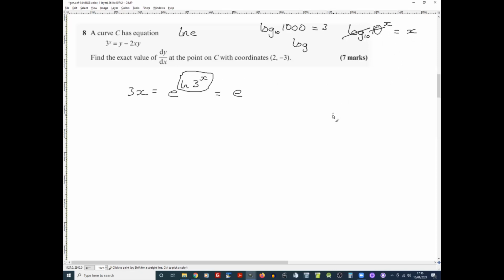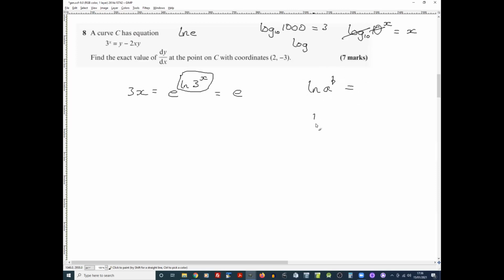Different rule. But how can we rearrange log of a to the power of b in general? You know that log mechanical rule? How can we simplify that, expand that expression?